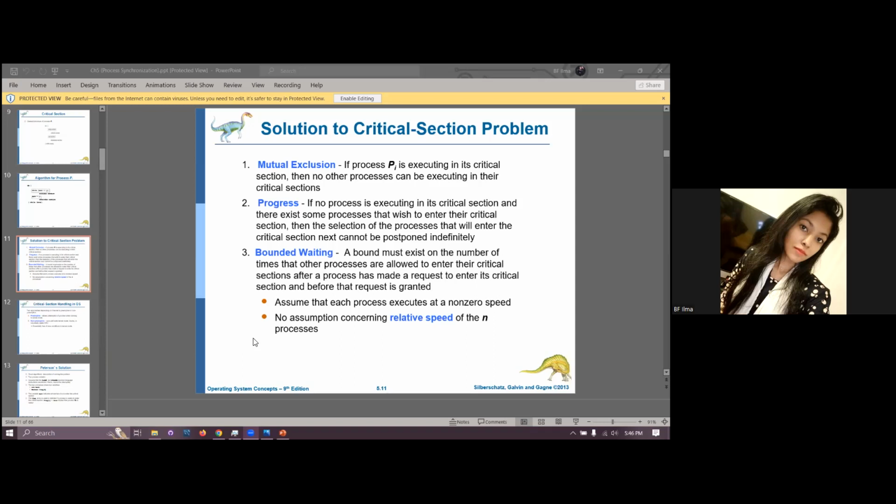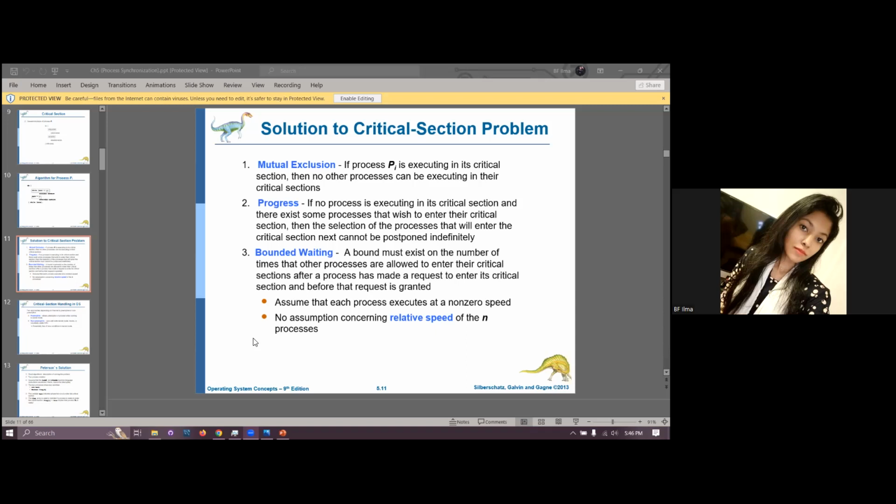The second thing is progress. This means that if a process wants to enter its critical section, then we cannot postpone that process from entering it indefinitely, which means we cannot keep it waiting forever.